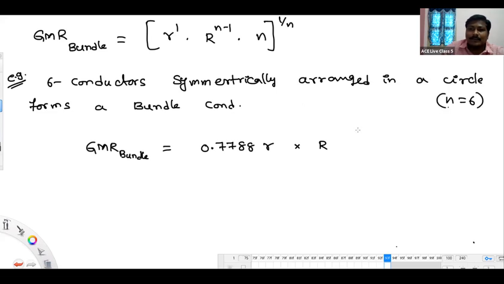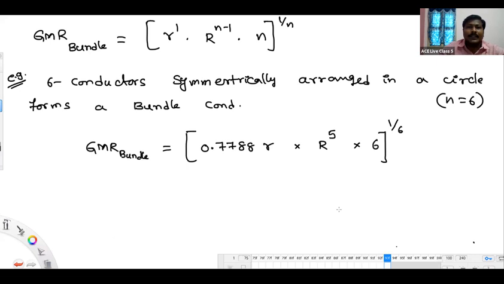It is 6, so it is capital R power 5, with the whole power 1 by n, which means 1 by 6. If you know the radius of each subconductor and of the circle, substitute here and you will get the GMR of the bundle.